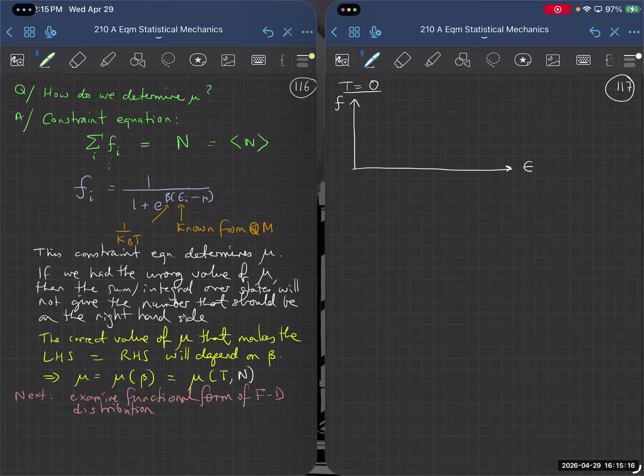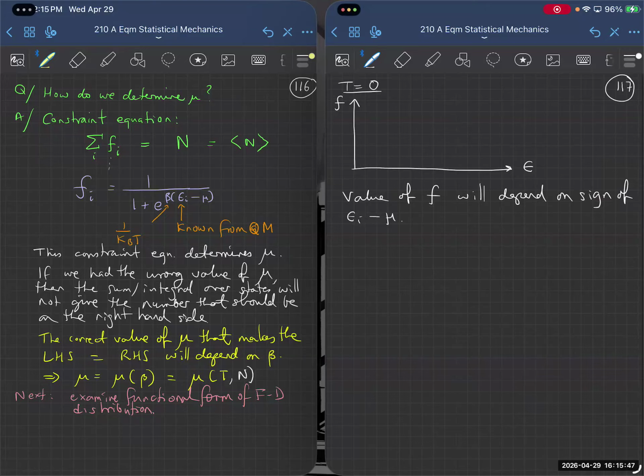So the value of f will depend on the sign of epsilon_i minus mu.